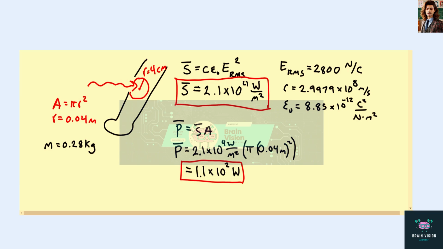So this is how much energy it takes to heat it up. Its specific heat capacity, c, is 3,500 joules per kilogram degree Celsius. So what that's telling us is that it takes 3,500 joules to heat up every kilogram of this mass by 1 degree Celsius.